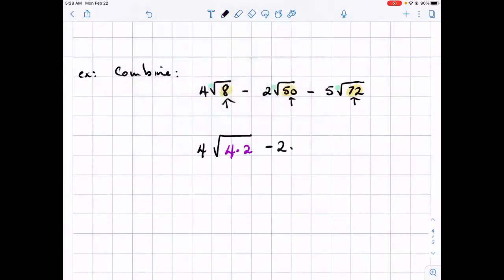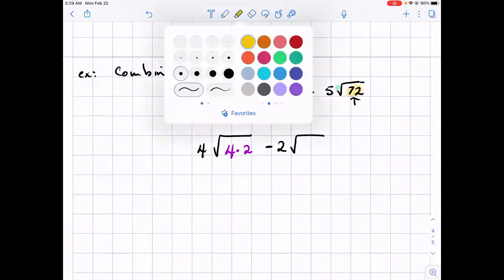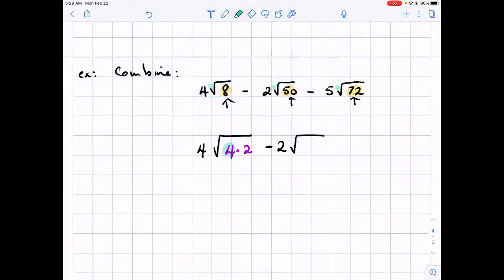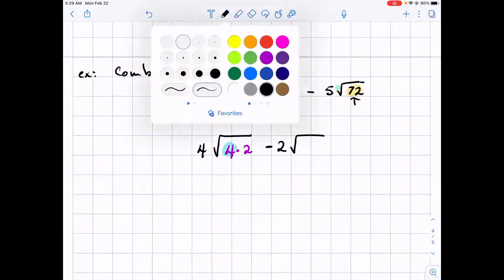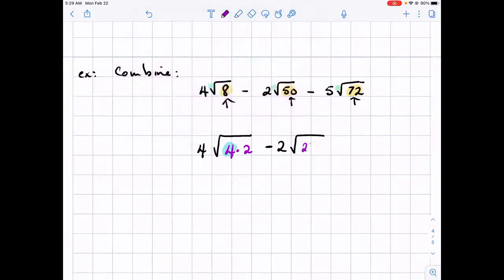Minus 2 radical 50 now. So try to pay attention. The 4 here will be extracted out, so the 2 will be left. So is there any number times 2 that gives 50 where that other number is a perfect square? And then we have 25 times 2.